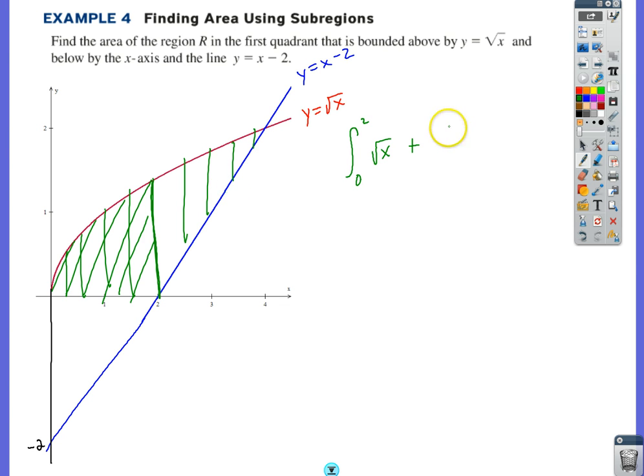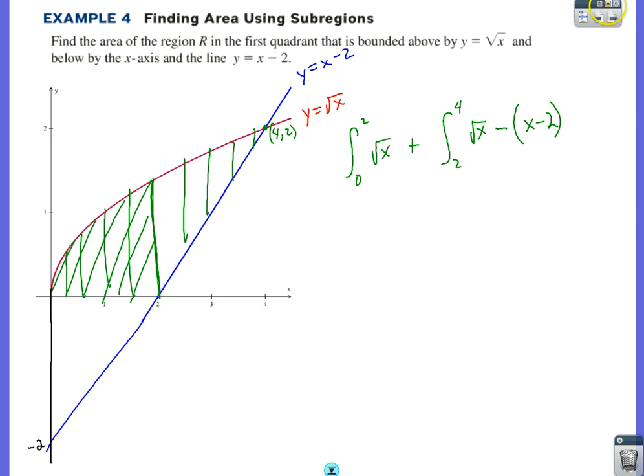So this one here, I'm going from integral of 2 to 4. And you're going, wait, mister, you're supposed to check. Okay, fine. So if I plug in 4 for x, the square root of 4 is 2, and 4 minus 2 is 2, yes. This point here is 4, 2. All right, so integral from 2 to 4 of the square root of x minus the quantity x minus 2 dx. Oops, forgot my dx here.